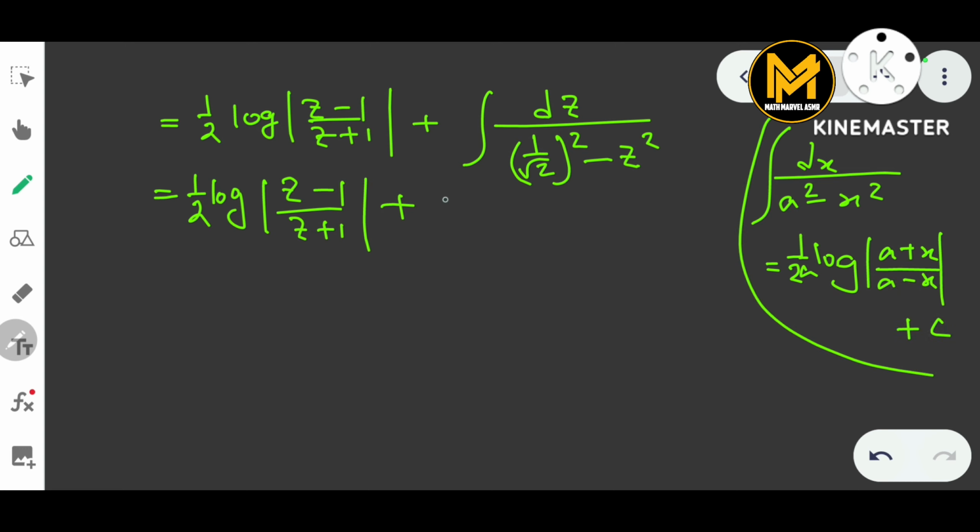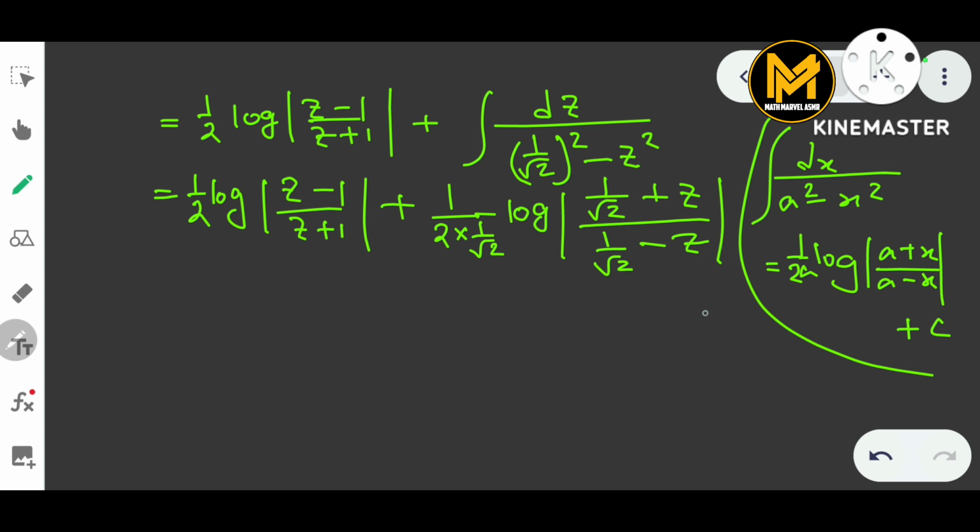So put it here, there will be 1 by 2 into 1 by root 2, that is a, into log mod 1 by root 2 plus z divided by 1 by root 2 minus z plus of c.